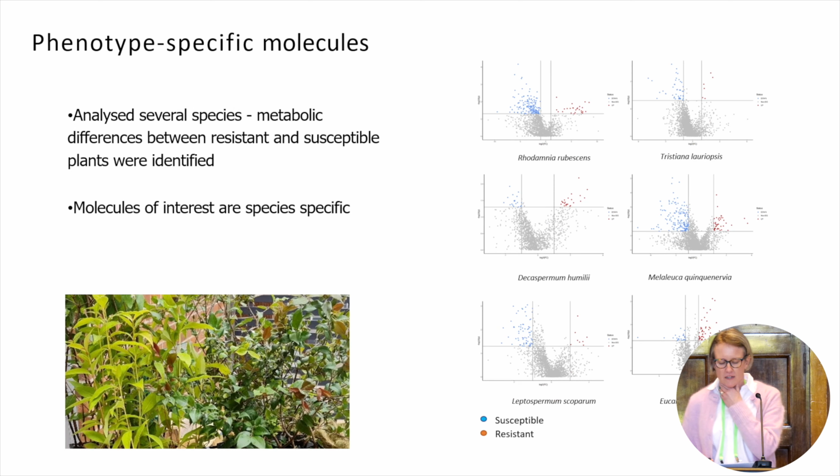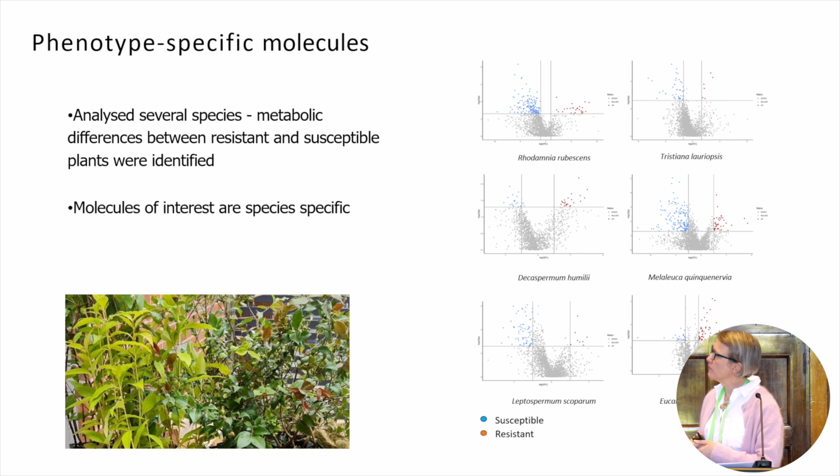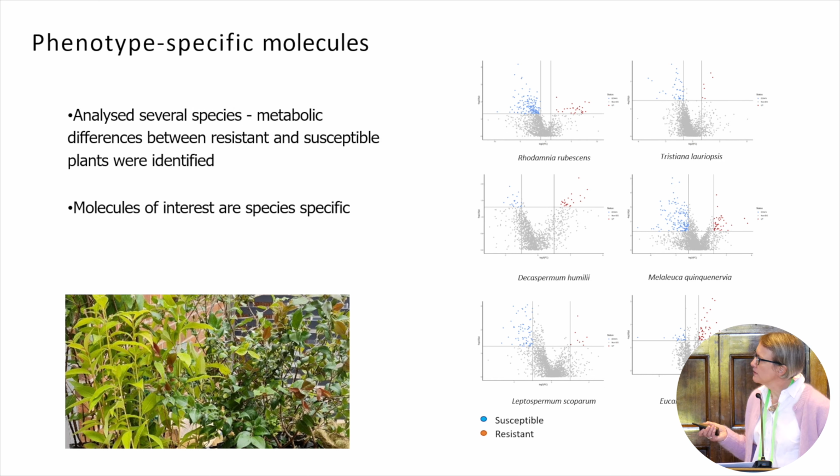So then we wanted to ask the question, if we can detect resistance before infection in Melaleuca quinquenervia, can we do the same thing in other species? So we looked at a few different species from different genera, and we compared the metabolites before infection to see if we could identify some of those same molecules that we identified in the Melaleuca.